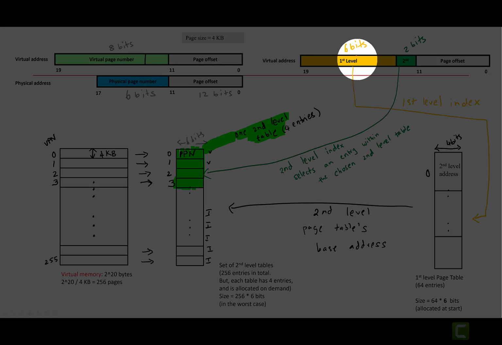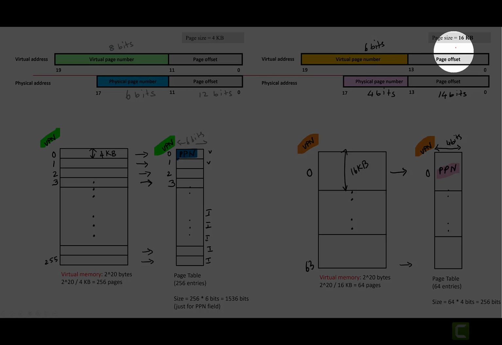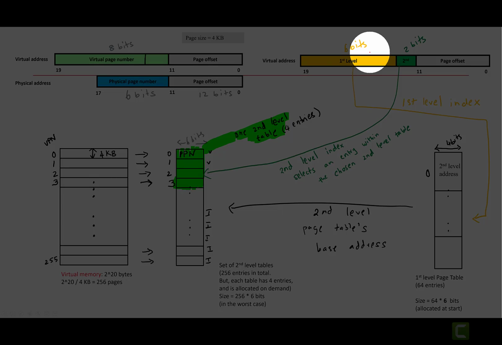What I have done is, remember when I talked about 16 kilobytes, I said my page offset is going to be 14 bits, and therefore my virtual page number is only 6 bits. I'm going to keep this 6 bits as before. So this orange field that you see is the index for a page table if I had a super page of size 16 kilobytes, right?